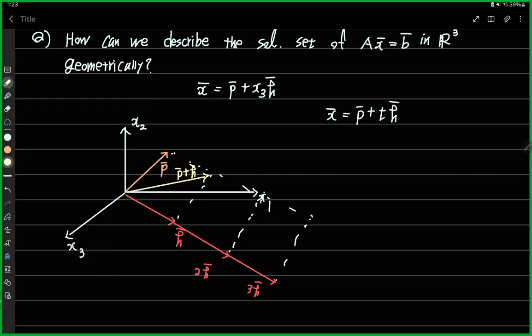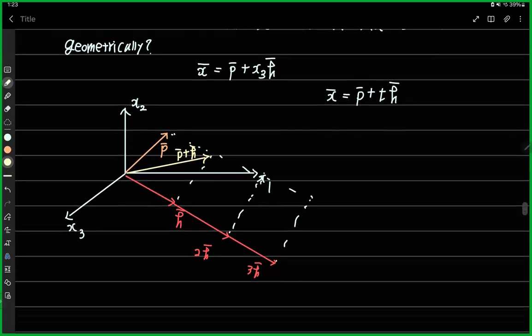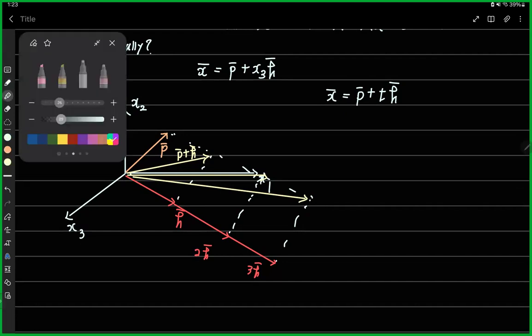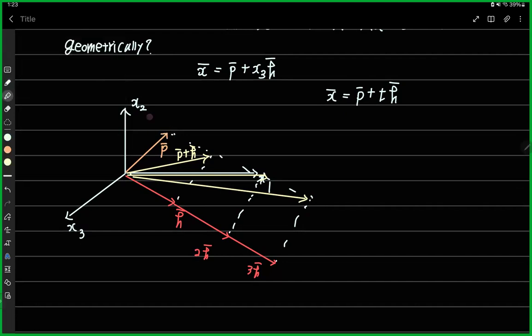So we got this, and then we get that, and then we get this. Finally, we got this one. I mean, we are collecting all the terminal points of the vectors p plus h, p plus 2h.